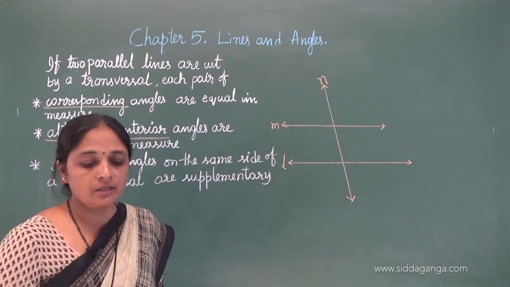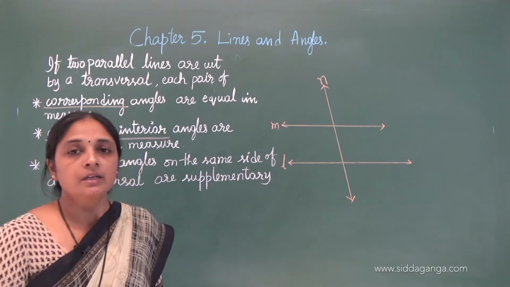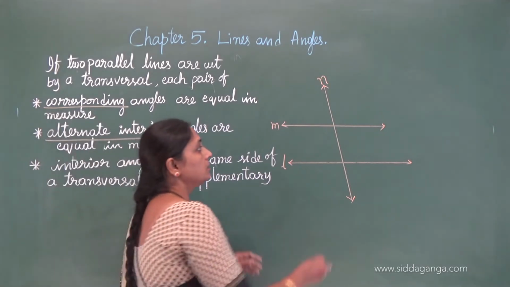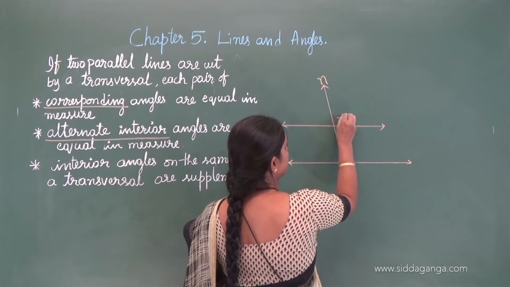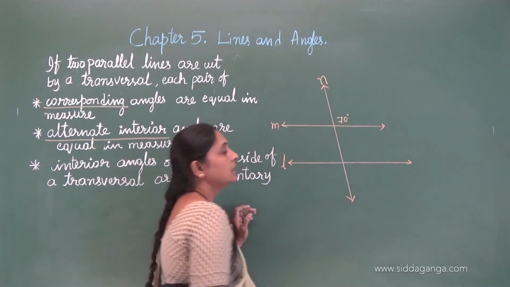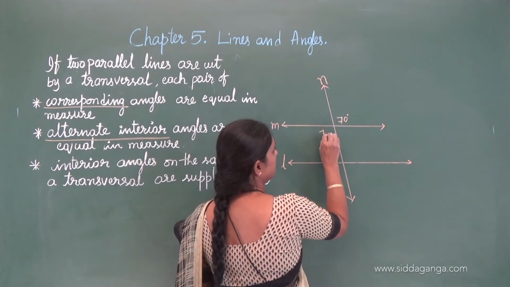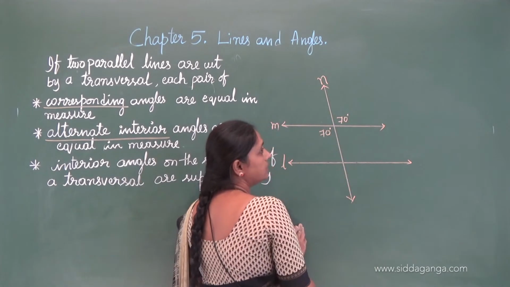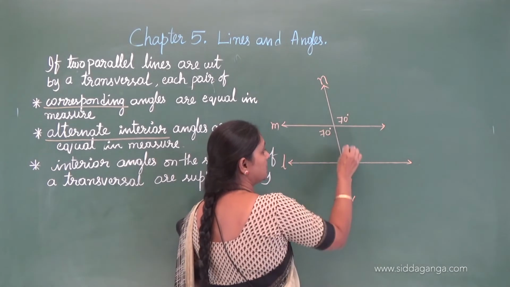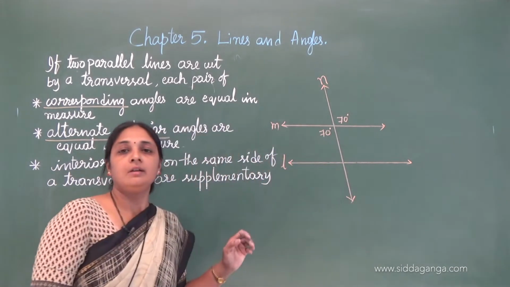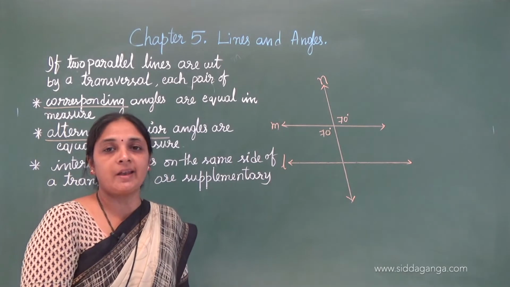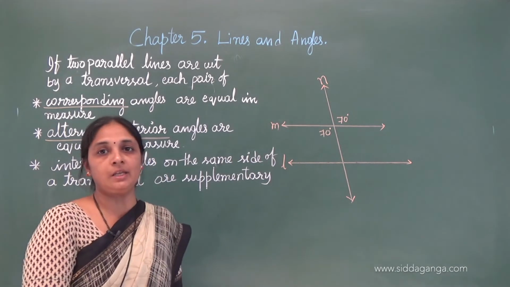Can we check here? So in the last class I showed you that if we consider this as 70 degrees, then what about the alternate, that is the vertically opposite angle? So this is also 70 degrees, and the corresponding, sorry for not having my protractor to show whether they are equal or not.